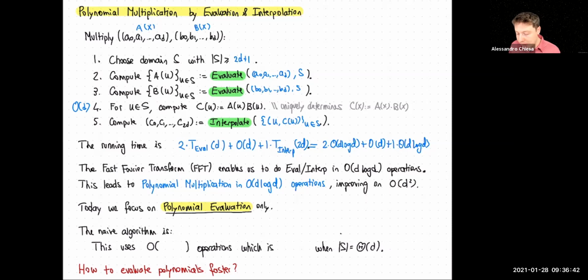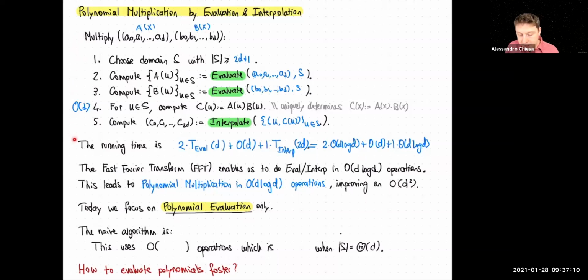I'm just telling you that we'll see how to do it, and because we will be able to do it, we'll get polynomial multiplication in order of D log D. For the rest of today, we'll ignore interpolation and just talk about evaluation. I presume that in homeworks or discussions, you will talk about the mirror operation of interpolation.